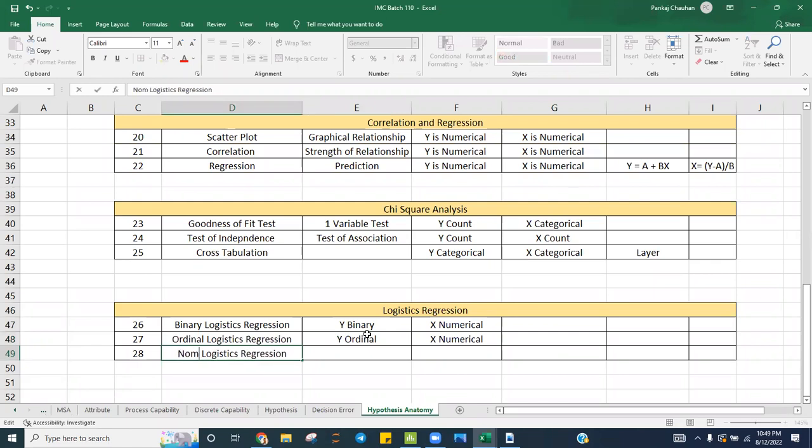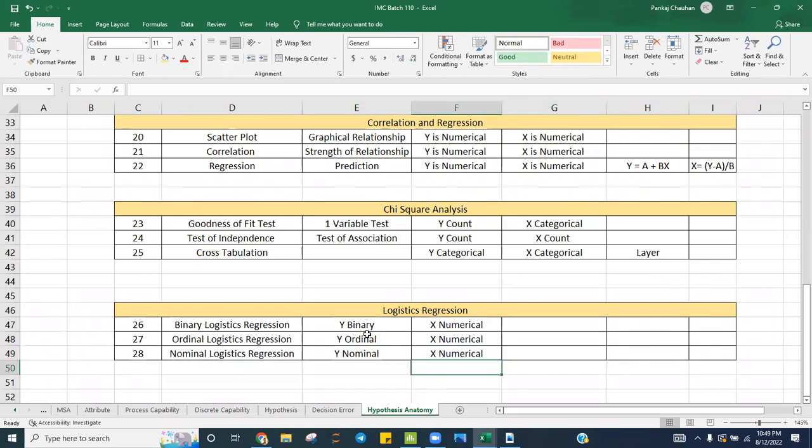Nominal means noun. So Y will become your nominal and X will be your numerical. So when Y is nominal and X is numerical, then we perform nominal logistic regression. And then we'll try to find out the probability of each of these nominal categories.